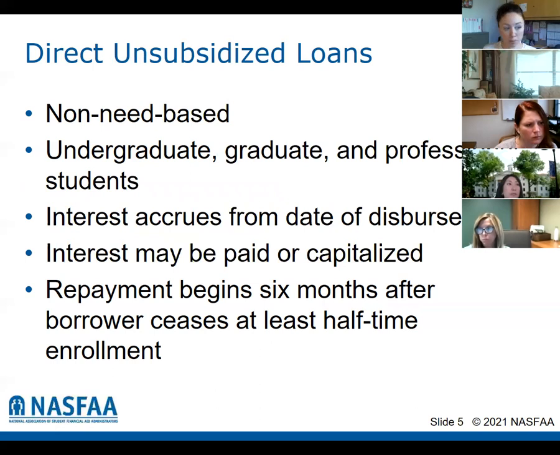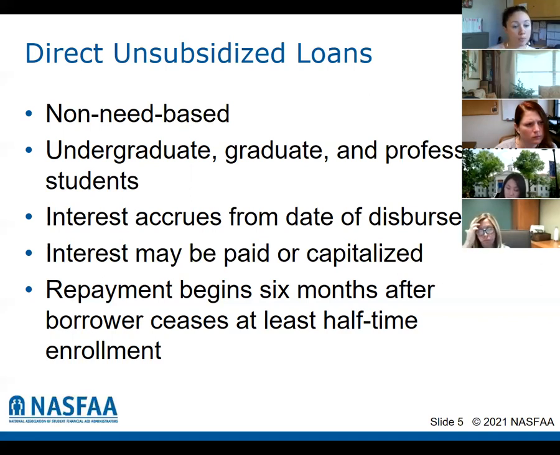Then we have unsubsidized loans. The unsubsidized loan is that little supplemental loan. If a student is eligible for Stafford subsidized, they're going to get their subsidized loan first, and then anything up to their annual eligibility, they're going to get from unsubsidized loans. Unsubsidized Stafford loans are not need-based.